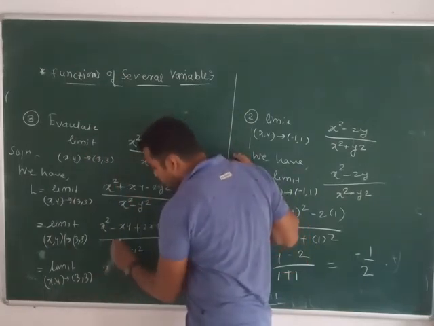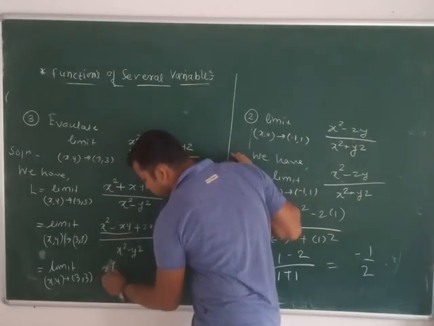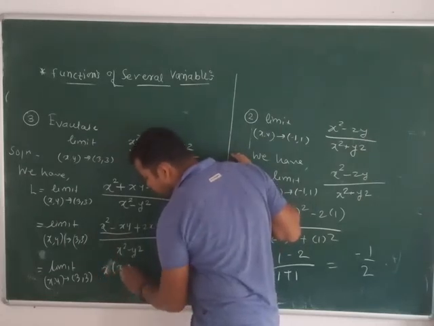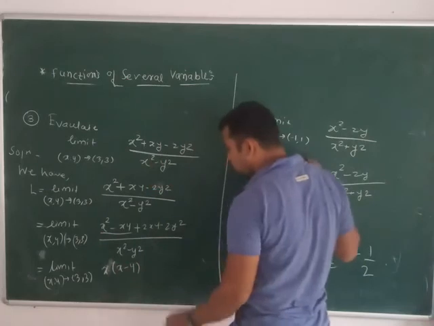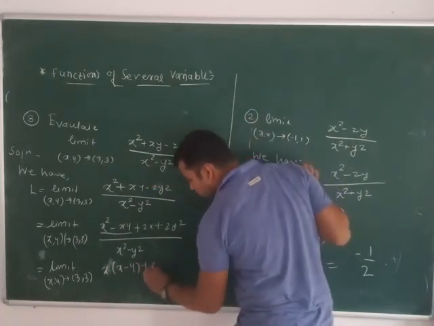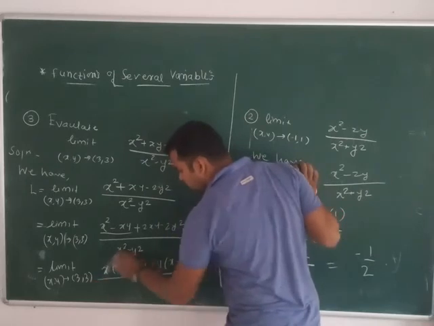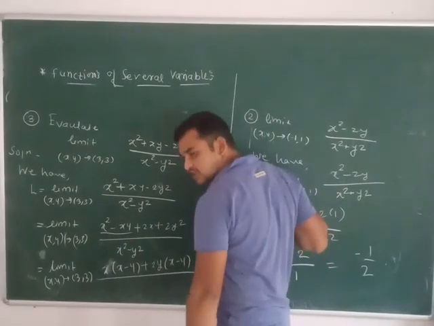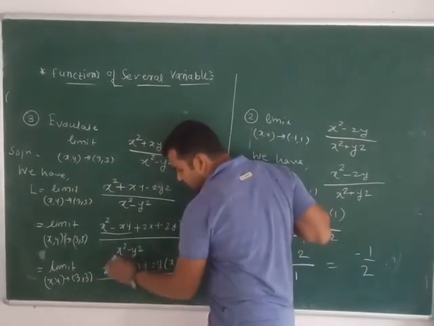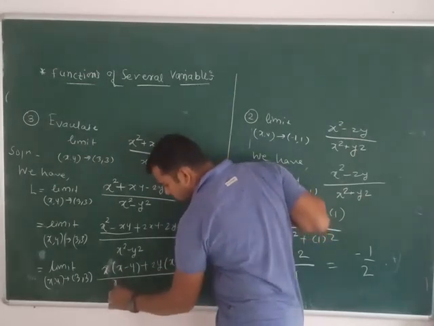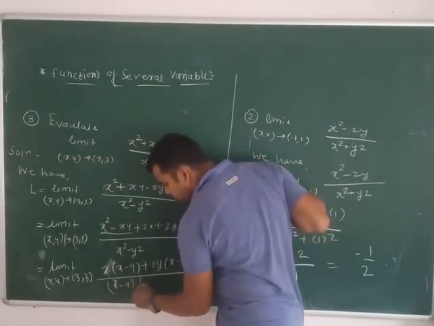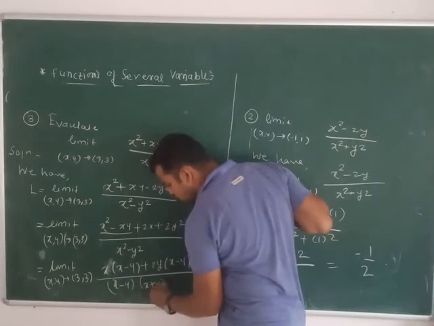Just take x common from the first two terms, we get x minus y. Take 2y common from the next two, plus 2y, we get x minus y, divided by x square minus y square, which is a plus b, a minus b. Using this expansion we get x minus y, x plus y.